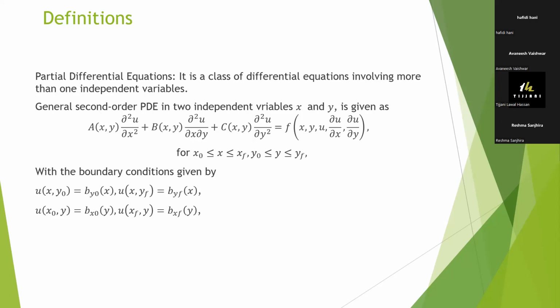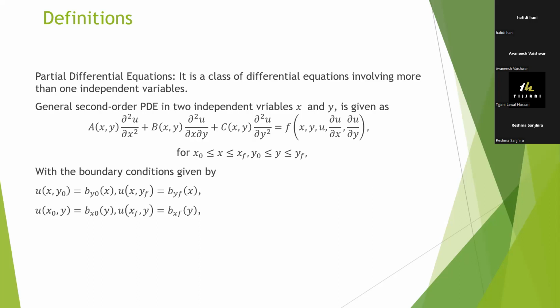And u(x0,y) = b(x0,y) means when I am taking the initial point along the x-axis, and u(xf,y) = b(xf,y). These are just notation for the boundary conditions along the x-axis and along the y-axis, and this is the general second order partial differential equation.